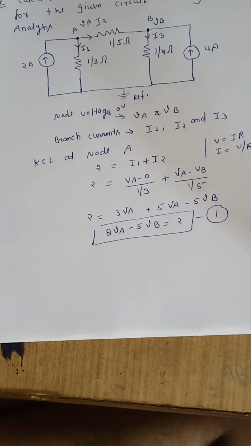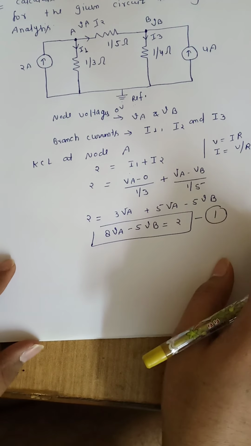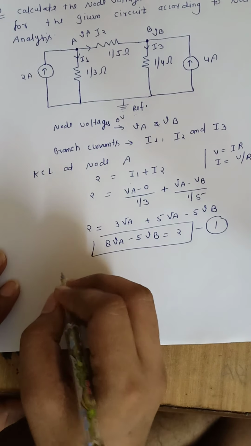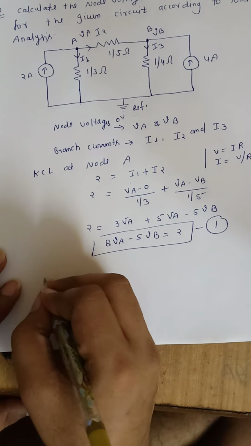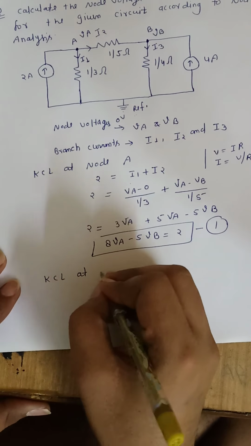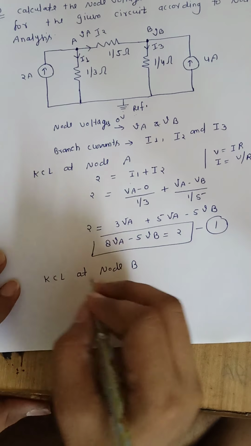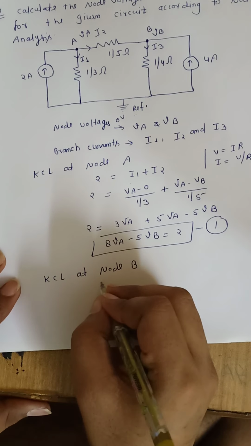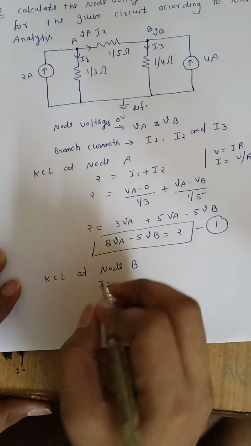Now we can define the second equation from KCL for node B. If we apply KCL at node B, we can write the relationship between currents. Incoming currents at node B: we have I2 and 4 ampere.